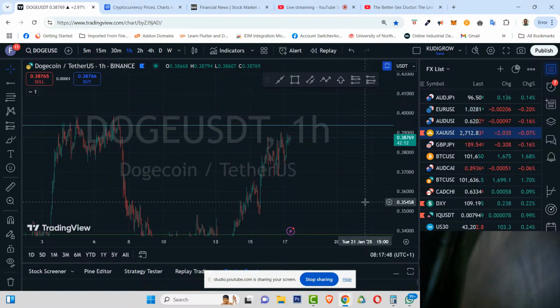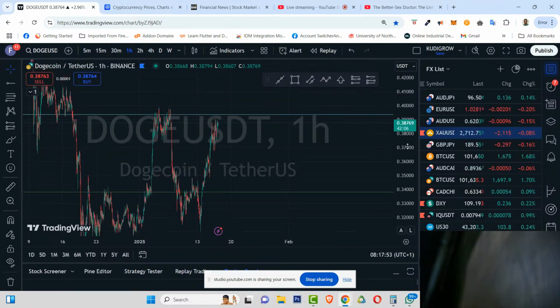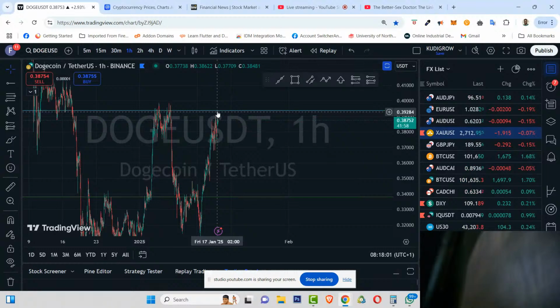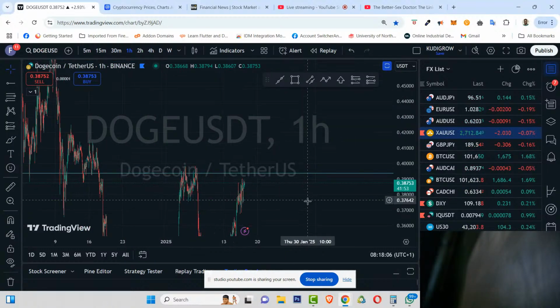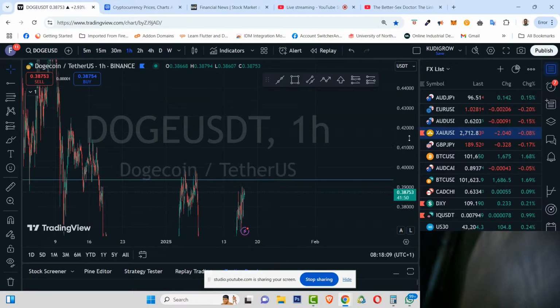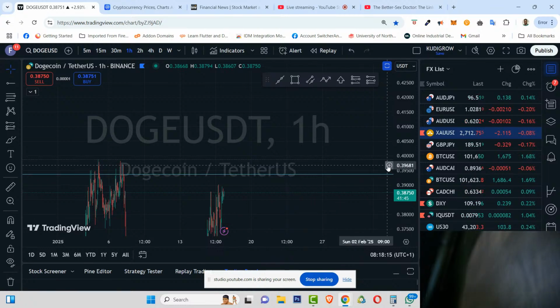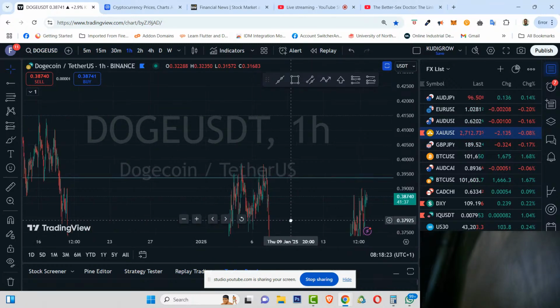So if anyone wants to invest in Doge, going in here can be a bit risky because it may get to this level up here and then start retracing, who knows, or it could even pump. But one thing we can be certain about is that if Doge were to break this value here, 0.4, that means it's definitely going to continue up ahead.